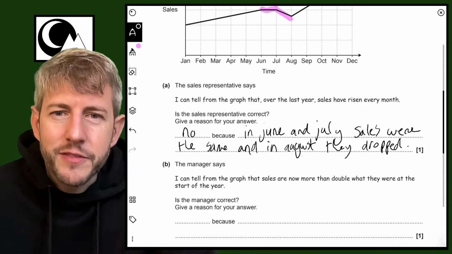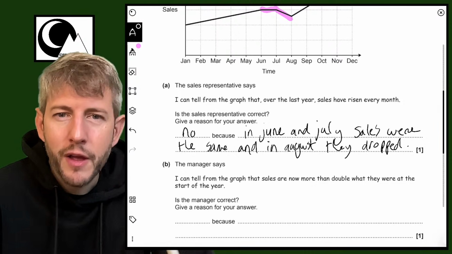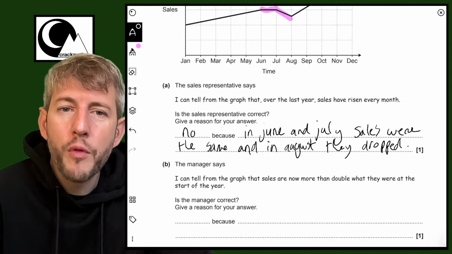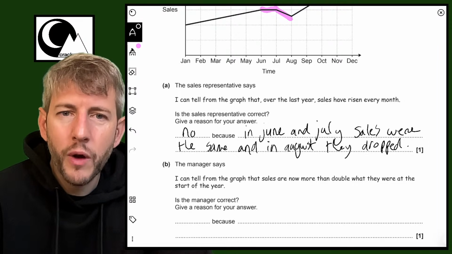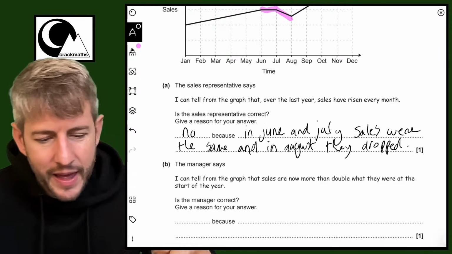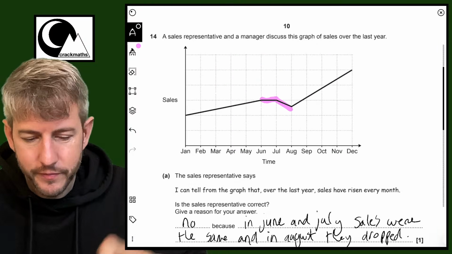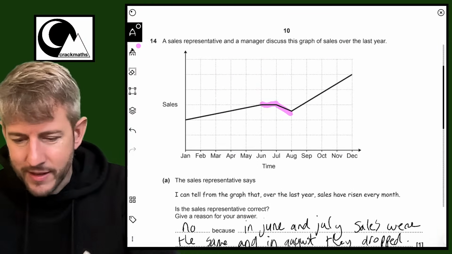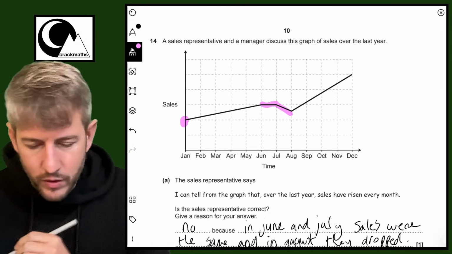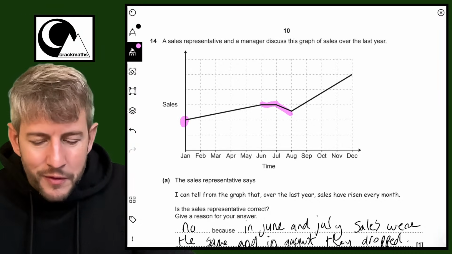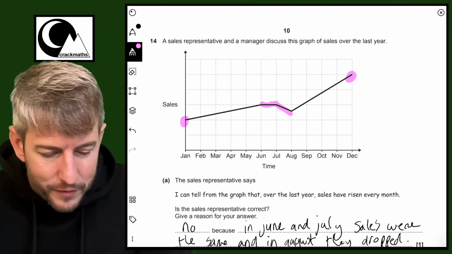The manager says, I can tell from the graph that sales are now more than double what they were at the start of the year. Is the manager correct? Okay, so let's see. So here, this is difficult. Okay, right.